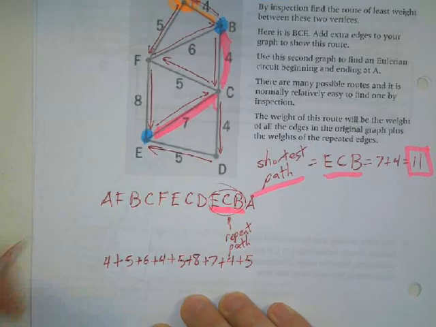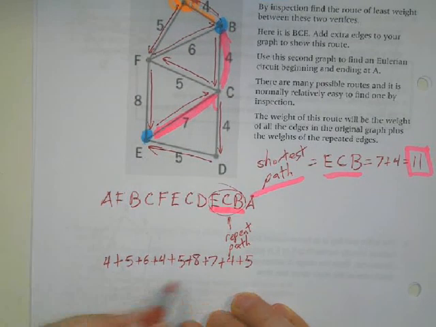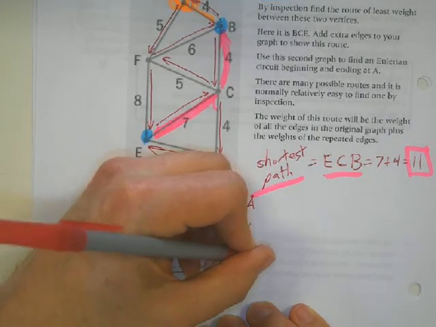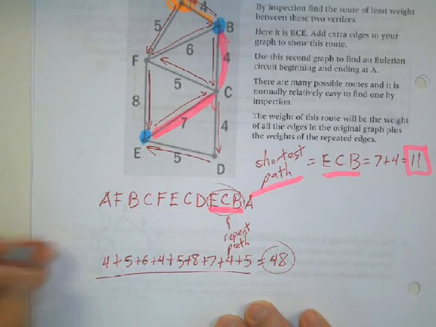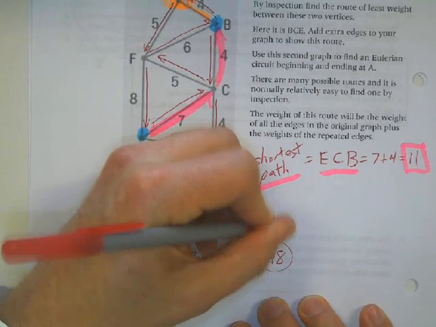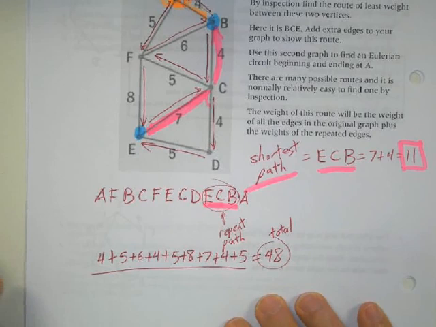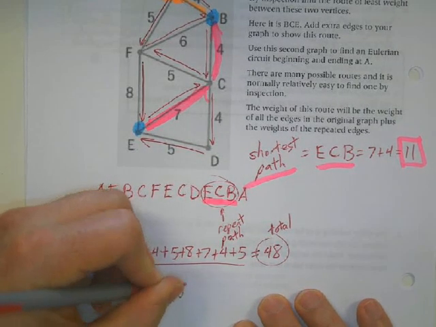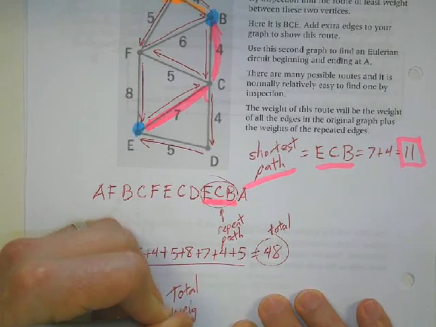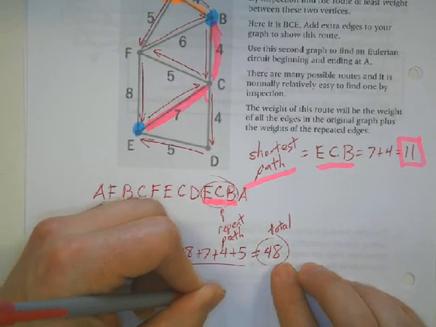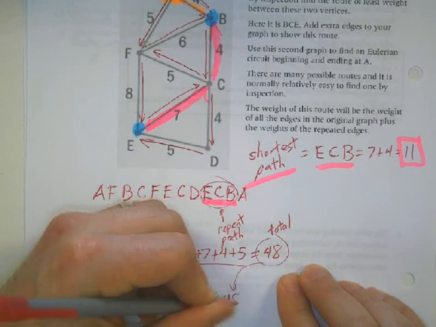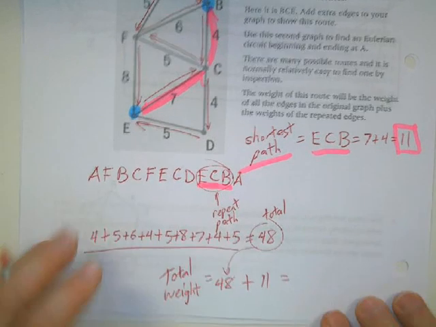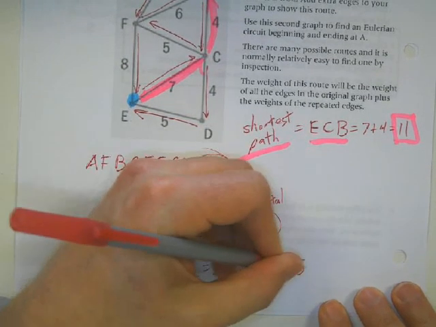Adding all of these together once gives me 48. This is the total of all of the paths. So the total weight is our total of 48 plus our extra path of 11. If you add those together, your total path is going to have a weight of 59.